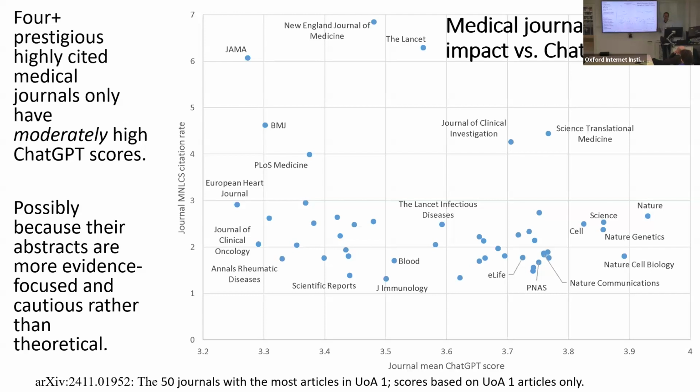So that's why ChatGPT isn't giving them as high a score as, for example, Cell, which is also an ultra good journal, but it's more theoretical because it doesn't directly deal with human health to the extent that the Lancet would. So it's interesting why ChatGPT doesn't give such a high score to the clinical medicine research in these journals anyway.